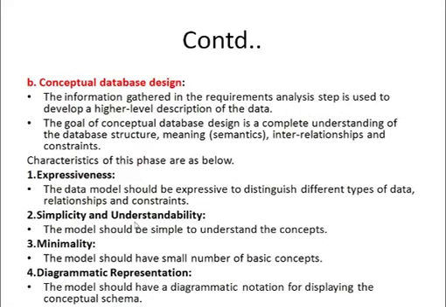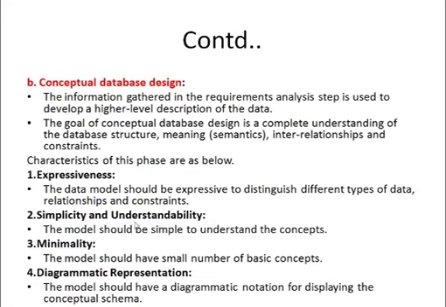Basically, the features of this phase: the first one is expressiveness. The data model should be expressive to distinguish different types of data, relationships, and constraints, in terms of data, relationships, and whatever rules and regulations we want to impose. The second one is that it should be simple and understandable.